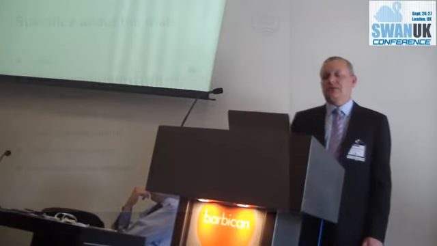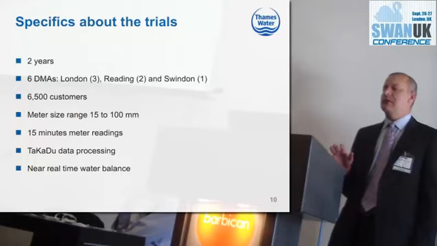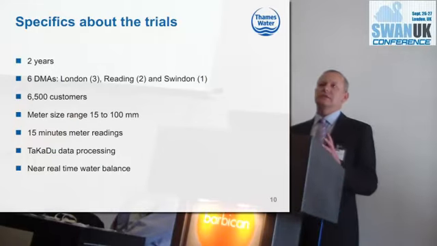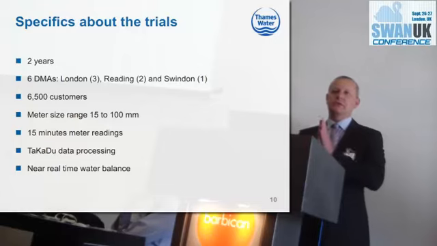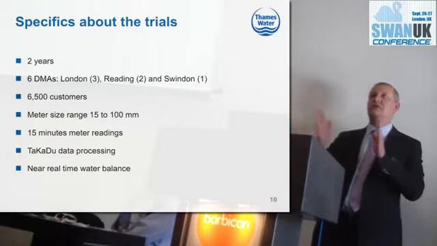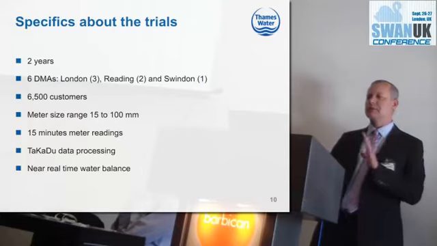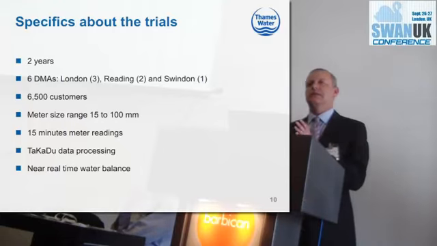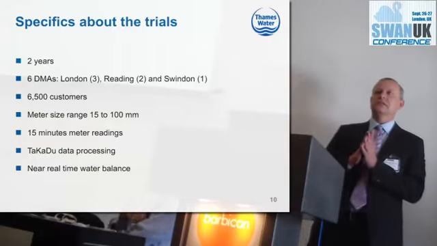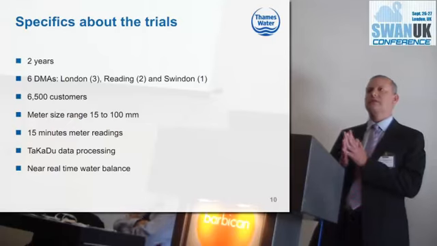So, a bit more detail now about the trial. We are running this trial for 2 years because one of the reasons is we want to see the seasonal variation of consumption. We are installing this AMI in 6 DMAs: 3 in London, 2 in Reading and 1 in Swindon.